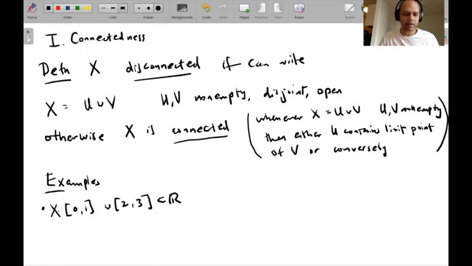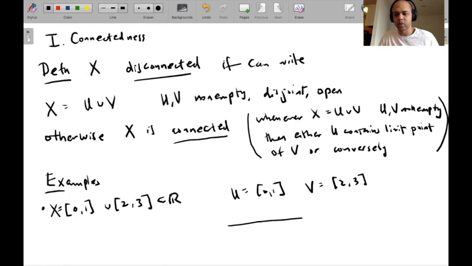Let's take X to be this, and we say U is [0,1] and V is [2,3]. The only thing I should say is why these are open. This is the subspace topology on this subset.